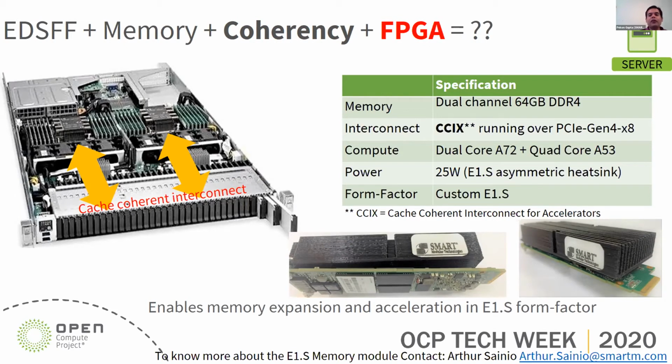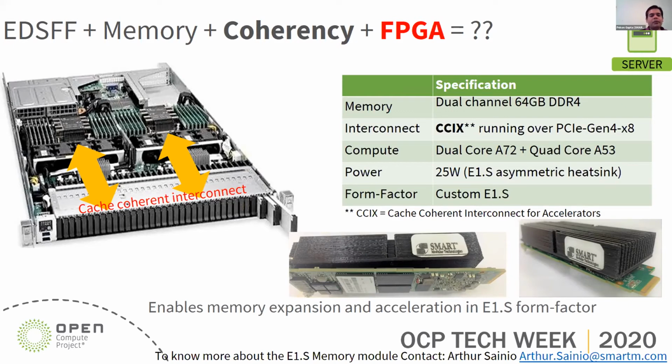This Xilinx FPGA also contains a dual core A72 ARM processor. So it has enough horsepower to run your basic load and do some kind of acceleration. The power profile on this module is somewhere around 25 watts, which is within the E1.S spec.